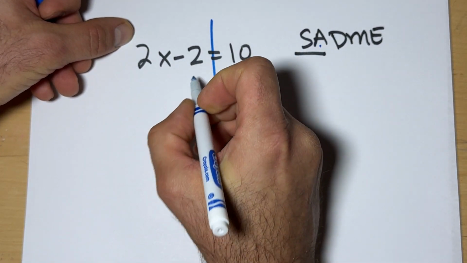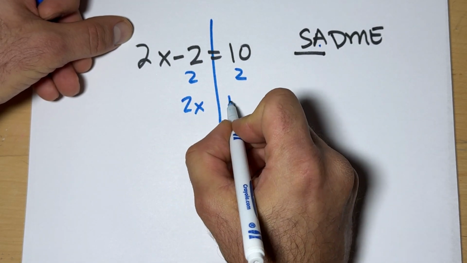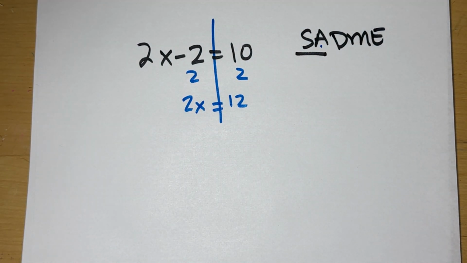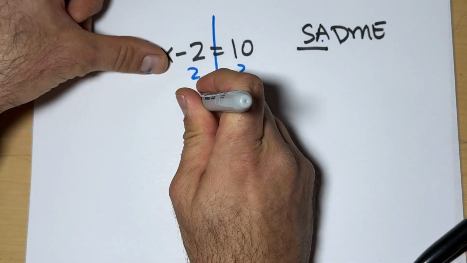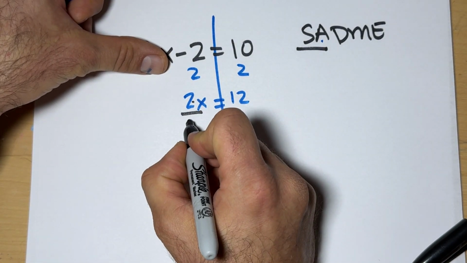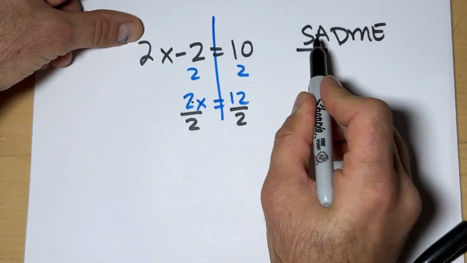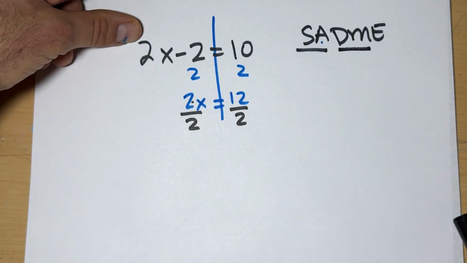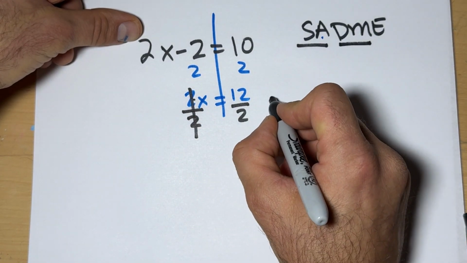We add 2. So let's add 2 to both sides. 2x now equals 12. Now 2 times x equals 12 has an opposite. The opposite of 2 times x is to divide. Notice we did the adding and subtracting first. Now we're doing the multiplying and dividing. So x equals 6.